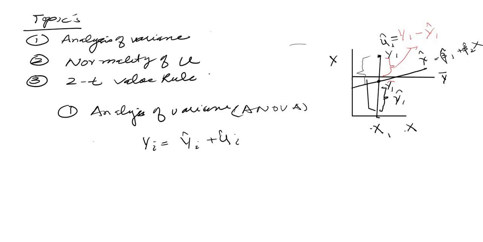Now we are not analyzing the values, we are analyzing the variance. Variance is nothing but dispersion. Variability means the value of any variable around its mean. So if I talk about the variability of value y, it should be y minus y bar, because variance is always defined by the values around its mean.